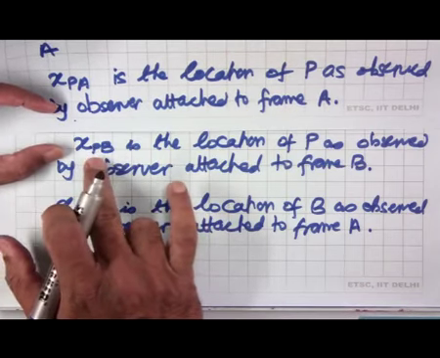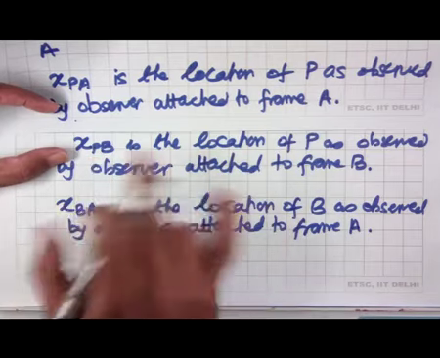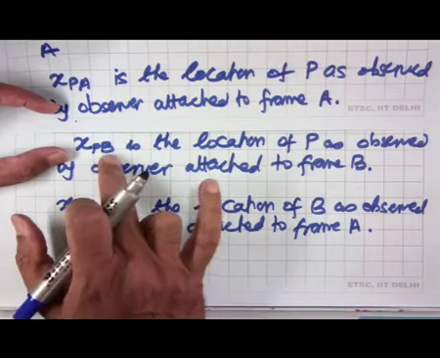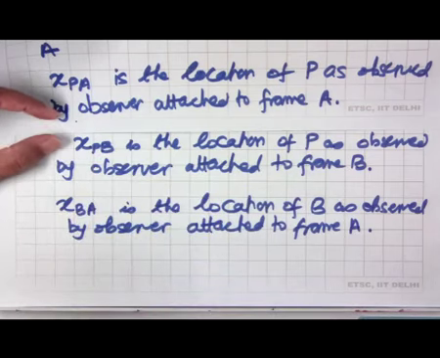The first one represents the point which is moving or the point which is being observed by both the frames. The second one represents the frame from where the measurements are being taken.